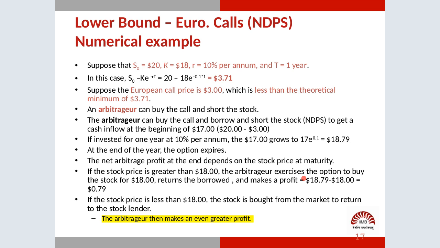When the price goes down, I buy it at a price cheaper than 18, and therefore I make a larger profit. The worst case that can happen is the price goes down to 0. So I will be able to buy the asset, which has become worthless, at a price of 0. But I have 18.79 with me in my pocket, so my profit becomes 18.79. So irrespective of what happens, I make a profit, and therefore I make an arbitrage profit.